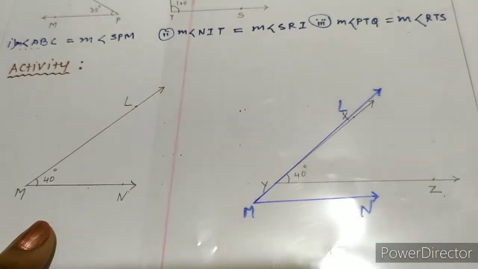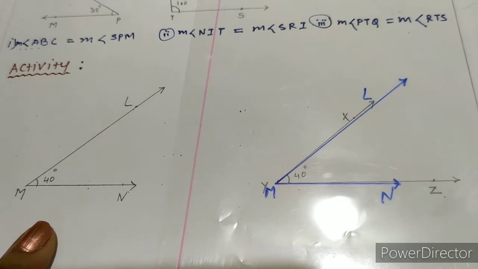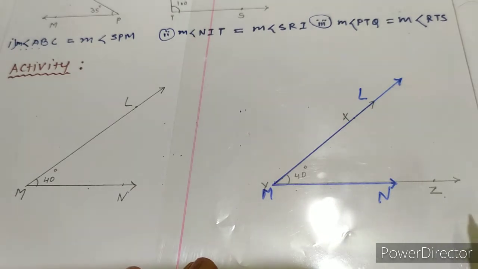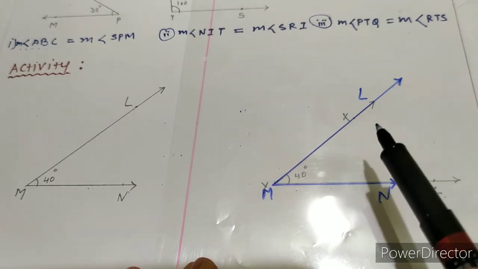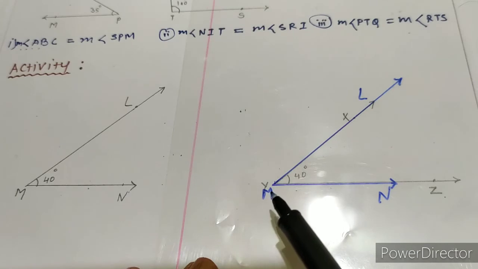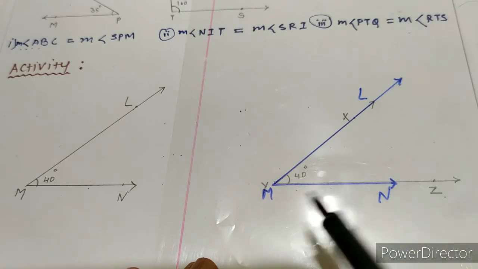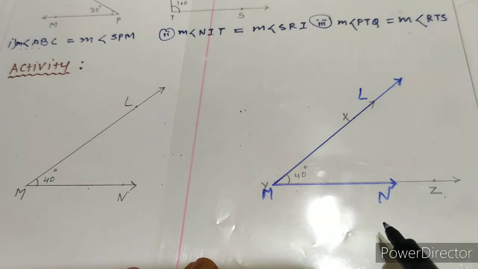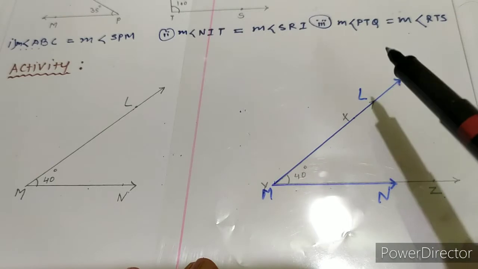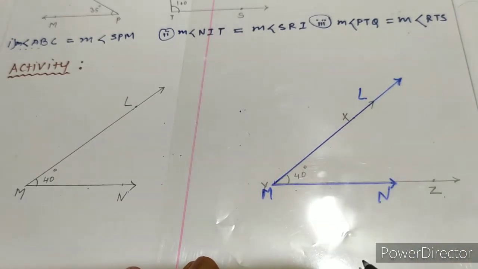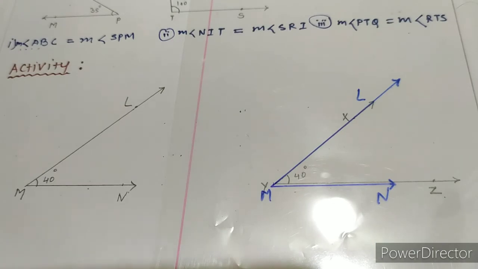So I'll keep it on XYZ. Now observe, if point M is placed on Y and ray MN on ray YZ, then ray ML falls on ray YX. Here we can infer that angles of equal measure are congruent.